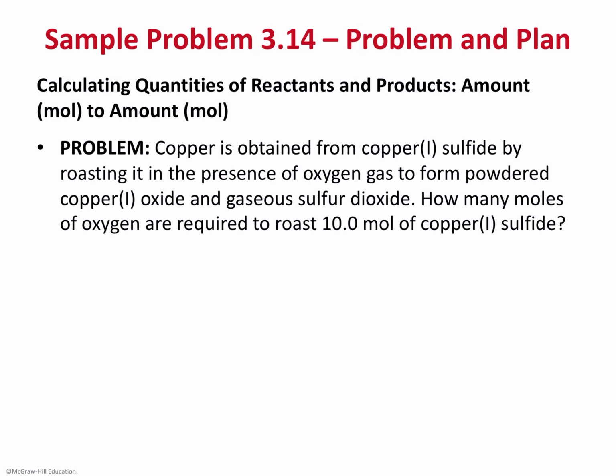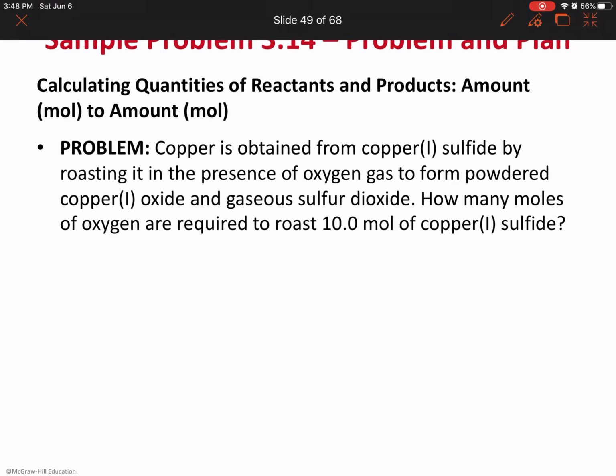Okay, first we need to know how to write the balanced equation with the proper formulas. Now I taught you how to do the formulas. Let's look at that. Copper is obtained from copper 1 sulfide by roasting it in the presence of oxygen gas to form powdered copper 1 oxide and gaseous sulfur dioxide.